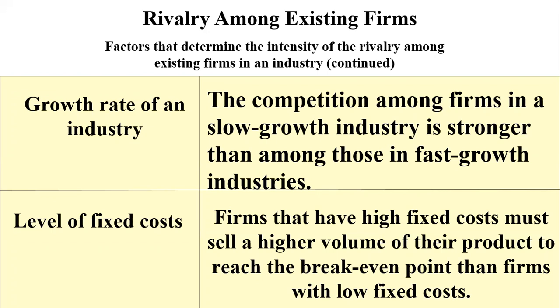This is the situation when compared with firms with lower fixed costs, because the higher your fixed costs, the more you have to sell so that you'll be able to generate some revenue to cater for it, as opposed to someone whose fixed cost is a peanut or very meager, who can just sell few articles and generate a lot of revenue in return. So all these can also determine the intensity of the rivalry.